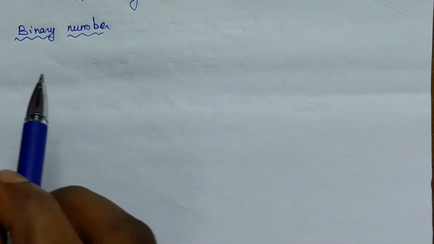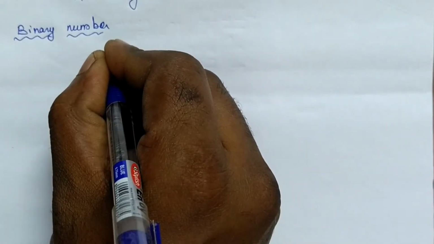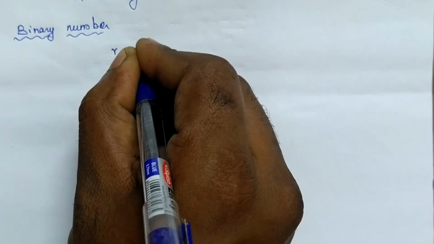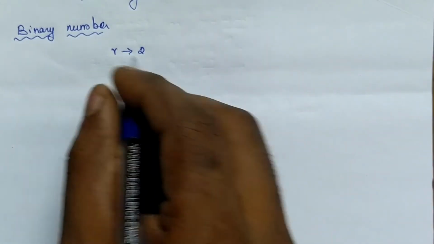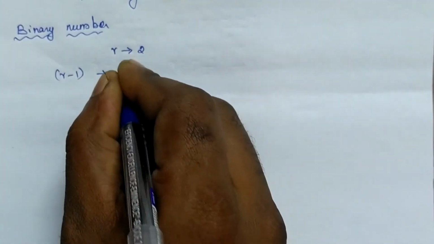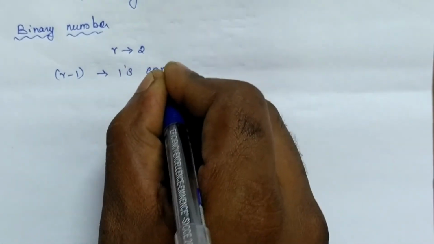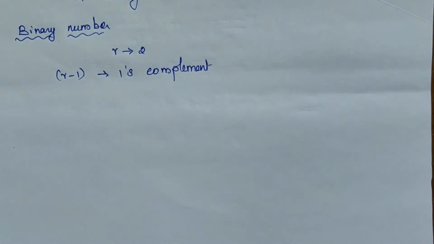So first we are going to see the diminished radix for binary number. So for binary number, here the R value is 2, therefore diminished radix, which is nothing but R minus 1, which is equivalent to 1's complement. So here we need to find the 1's complement of the binary numbers.